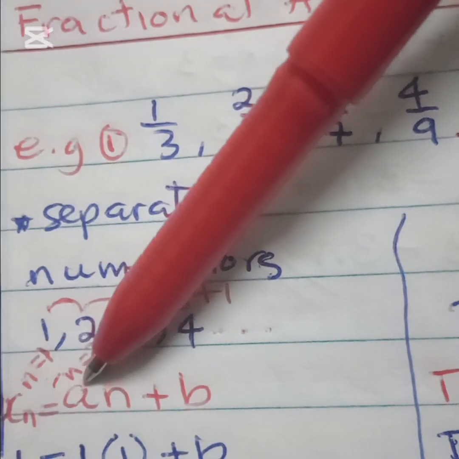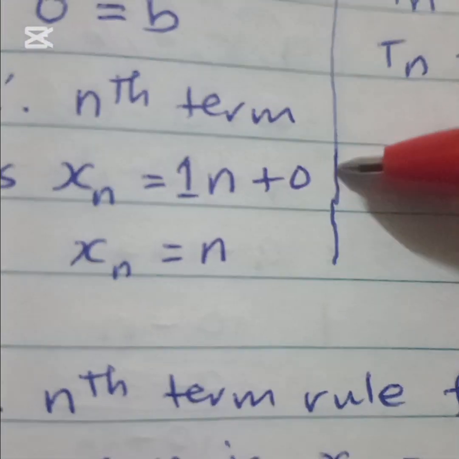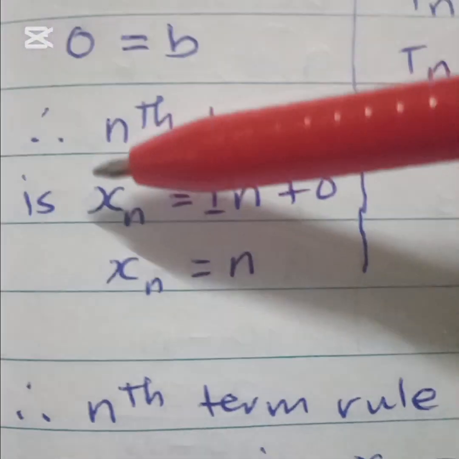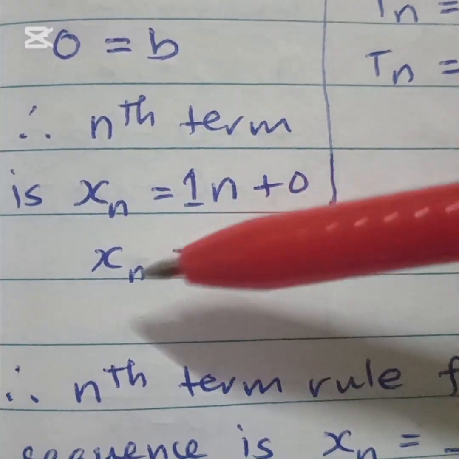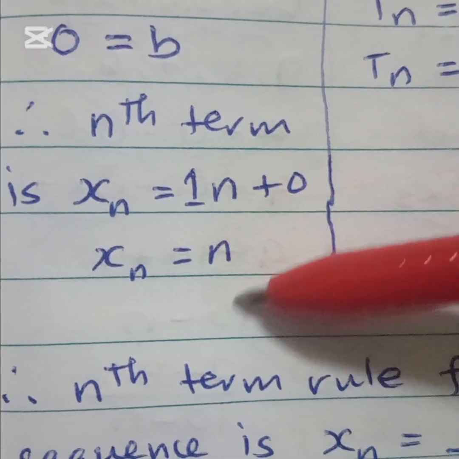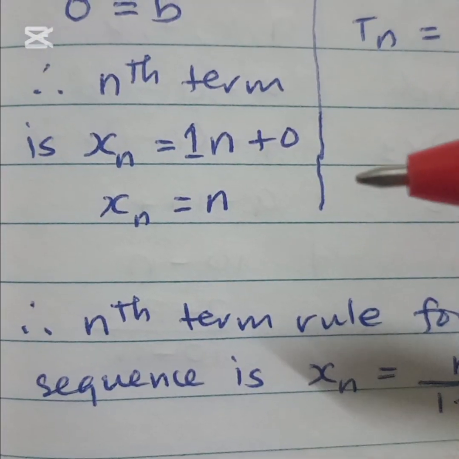Again, a is the common difference, 1, and b we found to be 0. So xn is 1n plus 0, which simplifies to n. So n is the rule for the nth term for the numerator.